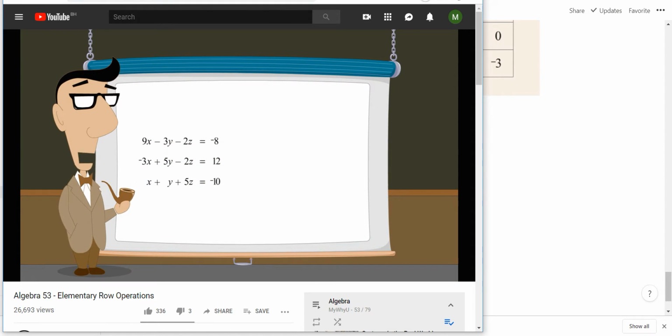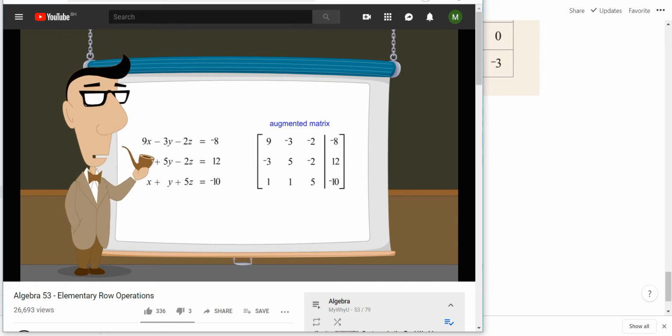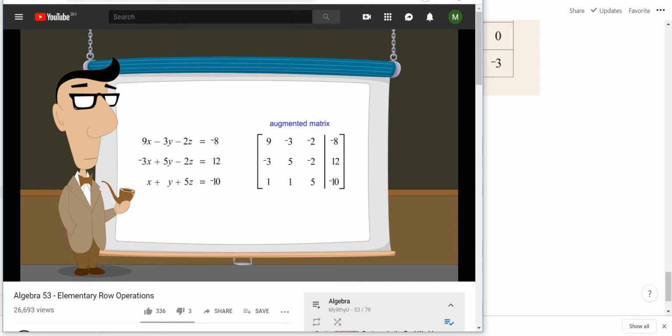We saw in the previous lecture that when solving a system of linear equations using matrices, the first step is to create an augmented matrix, which is a shorthand representation of the system of equations. Each row in the augmented matrix corresponds to one equation in the system.